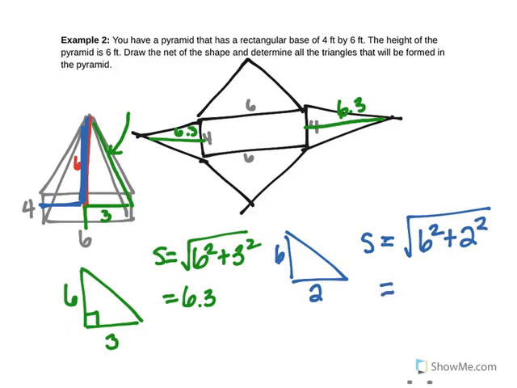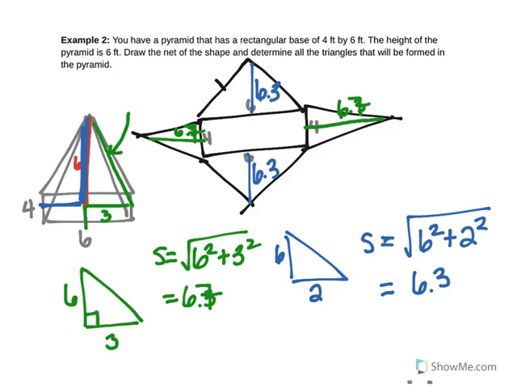And if we type that into our calculator, we would get 6.3. Sorry, the other one is 6.7. That is my bad. I was looking at the wrong number. So 6.3 for this one, 6.7 for that one. And if we were to classify these triangles, these triangles would all be isosceles.